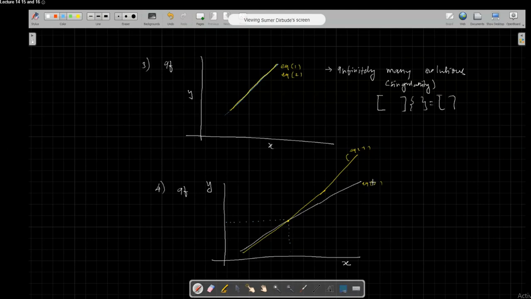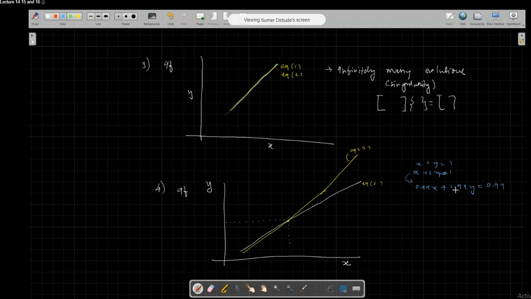Now, suppose by chance this equation is x plus y is equal to 1, and the second equation is, say, x plus 2y is equal to 1, for example. Now by chance this coefficient 1 becomes 0.99, giving 0.99x plus 1.99y is equal to 0.999.